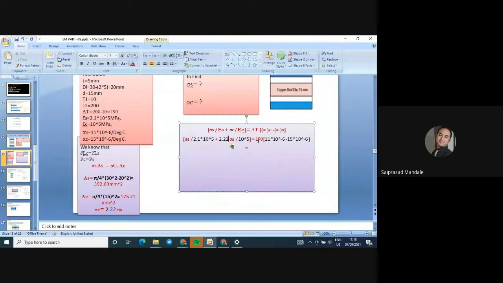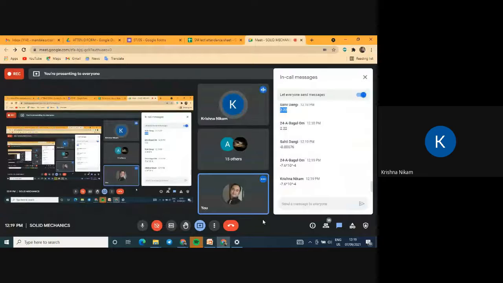Now tell me the answer of that much. Tell me fast. Minus 7.6 into 10 raised to minus 4. Okay, very good. So many people are saying this is the answer.